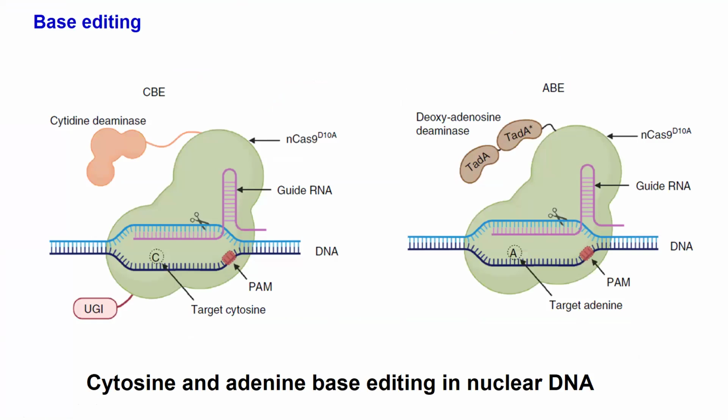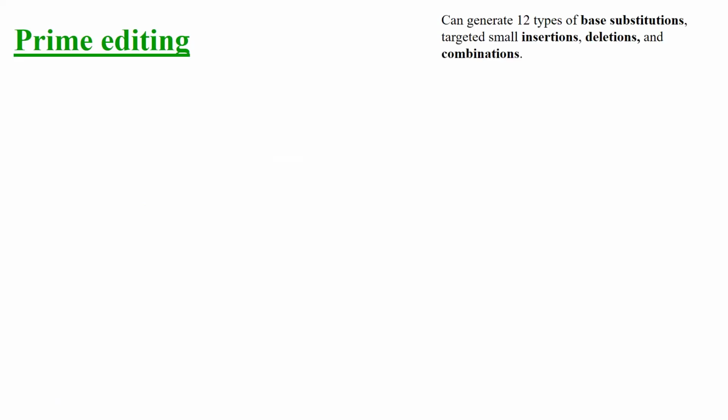CRISPR-Cas genome editing has now expanded so much. A single base, for example a wrong cytosine or adenine, you can remove or correct in the DNA sequence. This is really interesting progress.